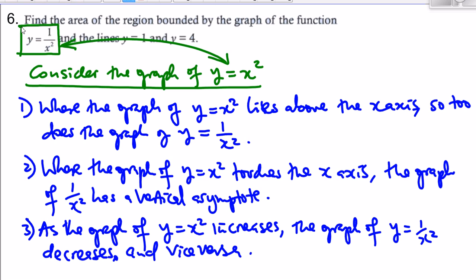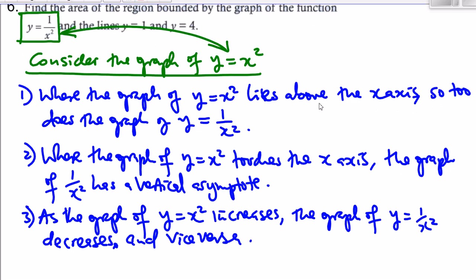Okay, so if we keep these key points in mind, then we should be able to draw the graph of y is equals to 1 over x squared from the graph of y is equals to x squared. And I'll show you how to do that here.